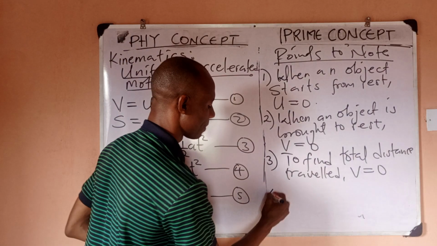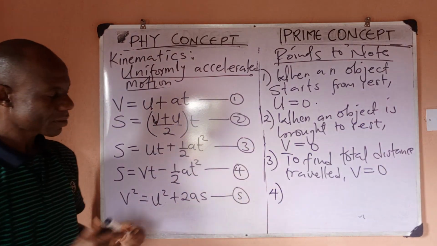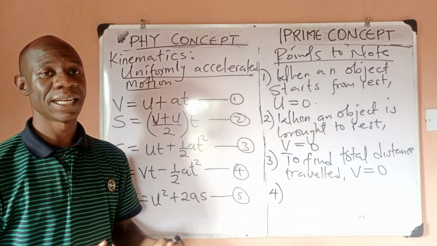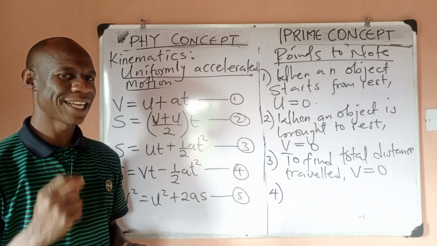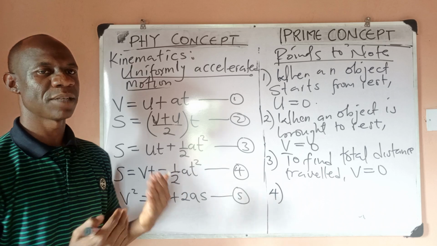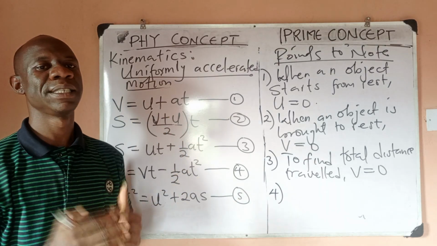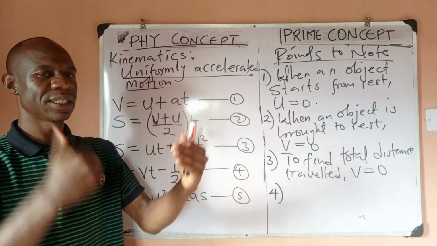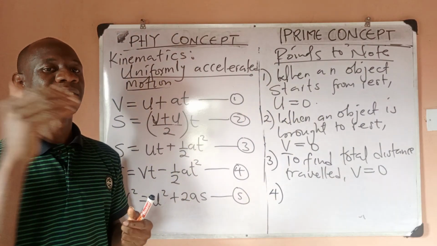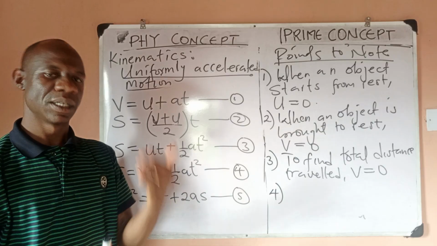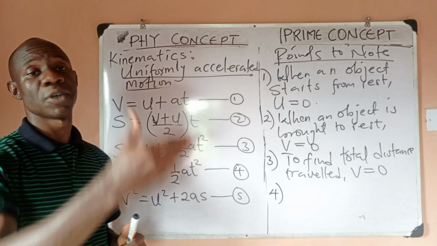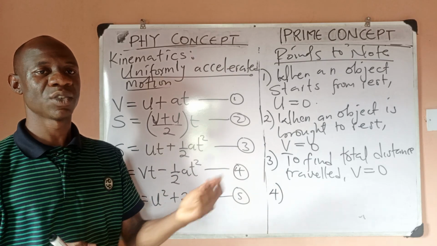Number 4 point I want to also mention is the point on deceleration. Now, very salient, but very important for you to understand. First, you should know the difference between acceleration and deceleration. Acceleration means there is a change, an increase in velocity. Deceleration means there is a drop, a decrease in velocity. Usually, acceleration is positive and deceleration is what? Negative.